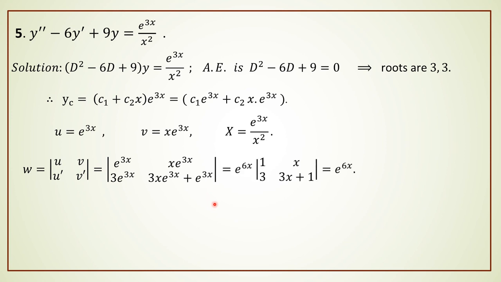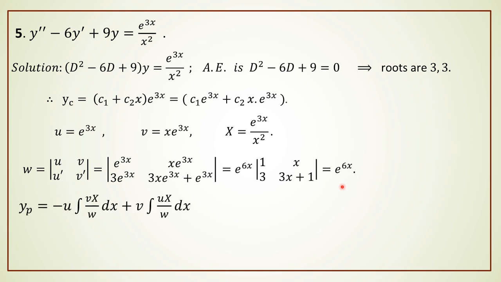Now just take e to the power 3x common from both the first and the second row over here, so that you have e to the power 6x into determinant of 1, x, 3, 3x plus 1. Just solve the determinant over here so that you are going to get the Wronskian to be e to the power 6x.